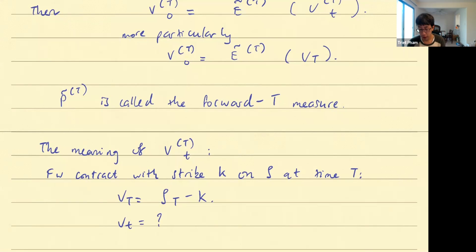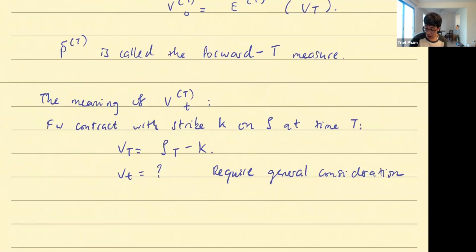Now, I think, first of all, you should always know this. But second, I want to add one extra requirement. We require that you look at the general framework. That is, I want you to not assume constant interest rate.